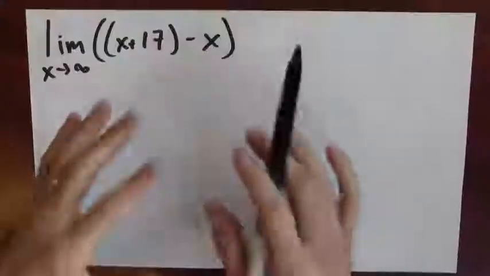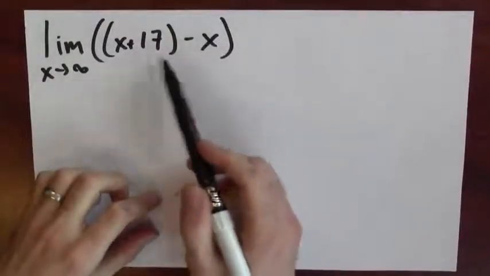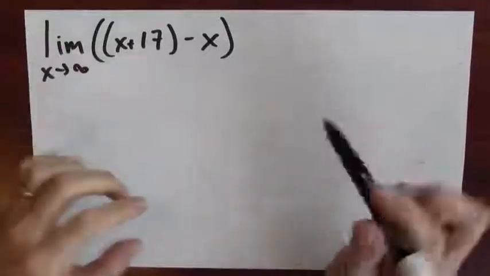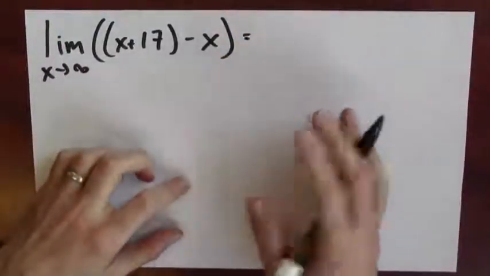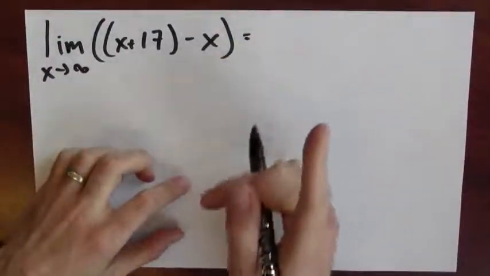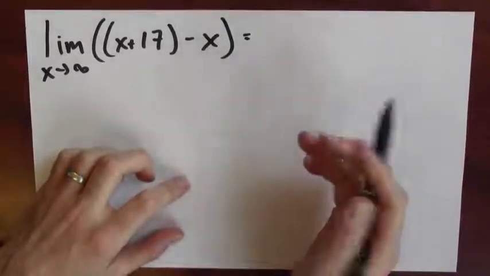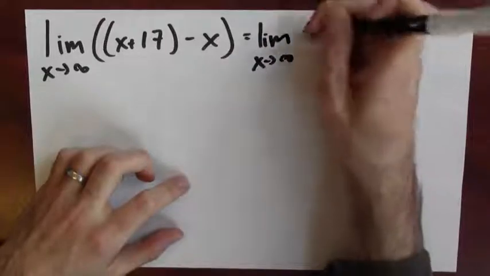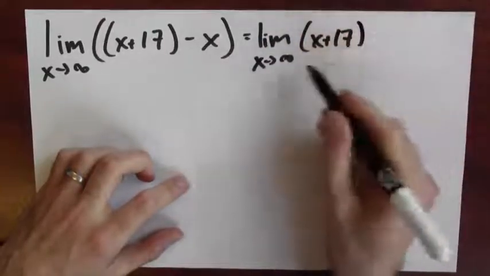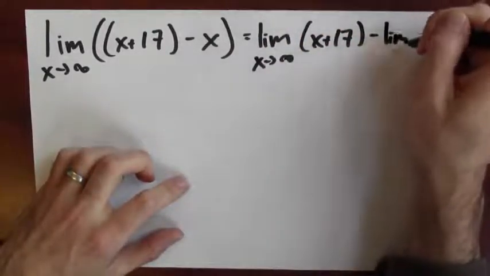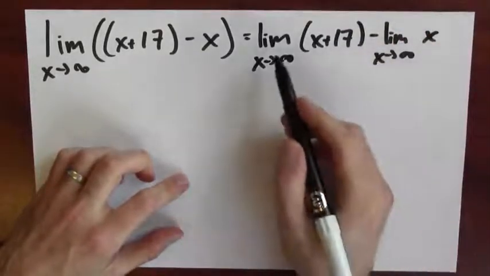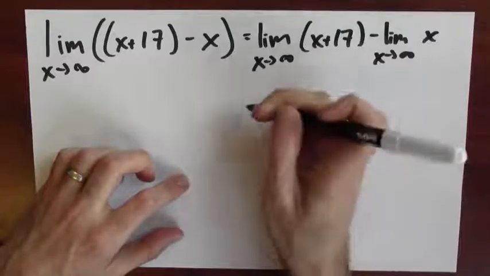Let's see how. Here again, I've got a limit of a difference of two things, something minus something, as x approaches infinity. Now, if I blindly just apply the limit of a difference as the difference of limits without remembering that that's only valid if the limits exist, let's see what happens. Well, then I get the limit as x approaches infinity of the first thing, which is x plus 17, minus the limit of the second thing, which is just x. Now what's the limit of x plus 17 as x approaches infinity?